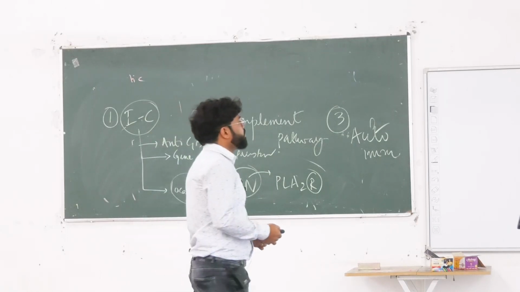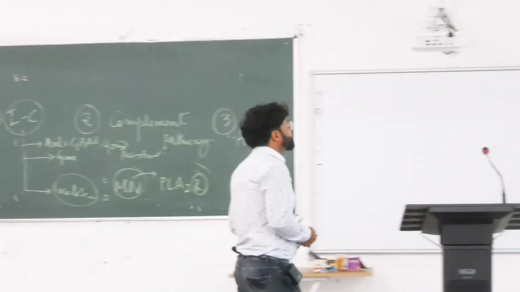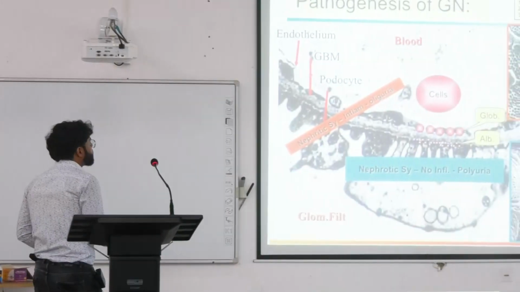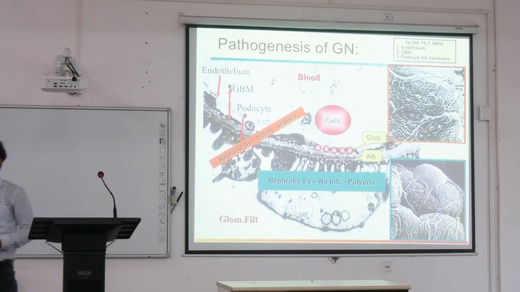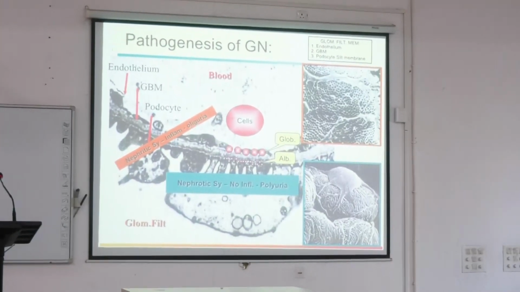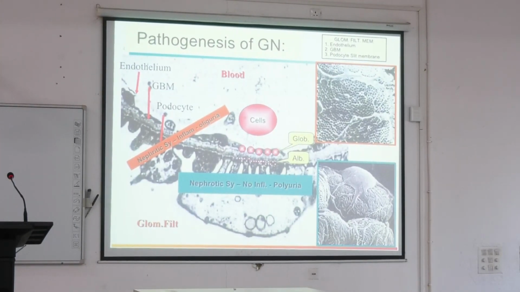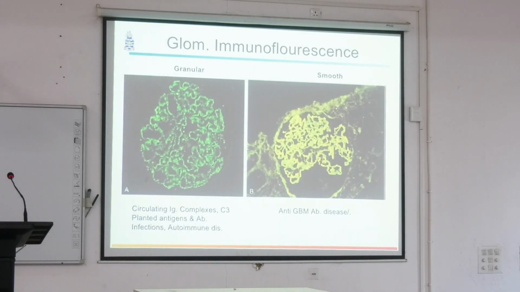So basically this is the pathogenesis. When there is complete damage, that will present as nephritic syndrome; there is partial damage, presents as nephrotic syndrome.